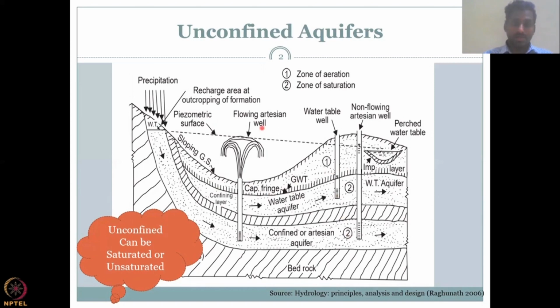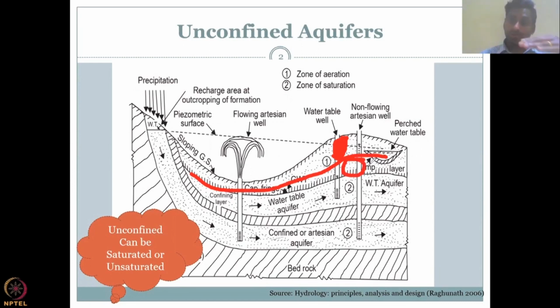Also, we should understand that this water table line, which is imaginary, can be recharged and go up, or can be discharged and go down. If it is recharged and goes up, then this thickness of the aquifer, which was unsaturated, becomes saturated. Here we have extra saturation because the water table has gone up.